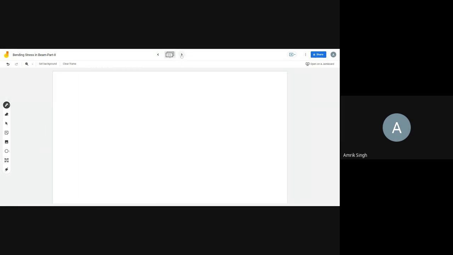So first of all, when an external load is acting on the beam, suppose this is a beam, so when external load is acting on this beam in the form of load or in the form of the bending moment, shear force and bending moments are set up in all the sections of the beam.